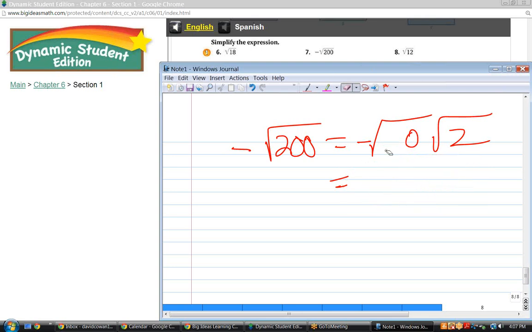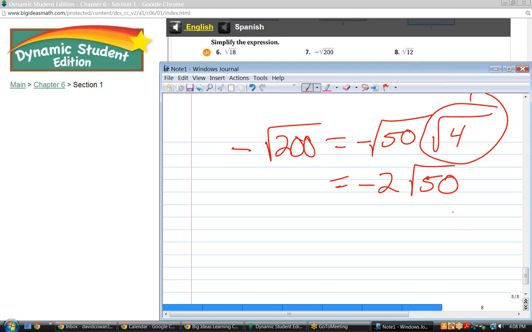Notice that you don't have to be perfect on your first try. Let's say 50 and 4, which multiplies to be 200. Well, that's a perfect square. So I could say minus 2 root 50, but that's not simplified because root 50 is root 25 times root 2.